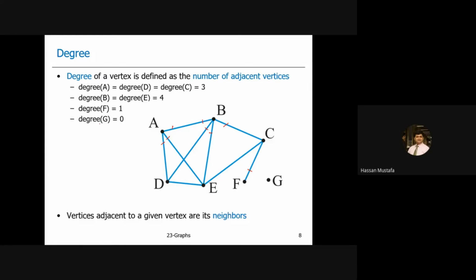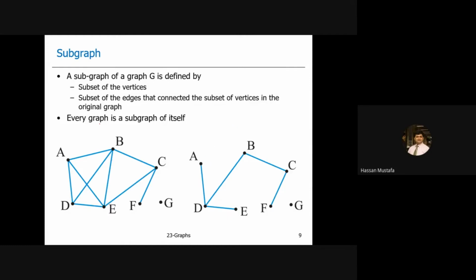The next definition is that in a graph, we can pick a part of this graph and call it a subgraph of the original graph. We can pick some vertices, maybe removing 1 or 2 vertices, maybe removing 1 or 2 edges from the original graph, and take another graph that is a subgraph of the original graph.